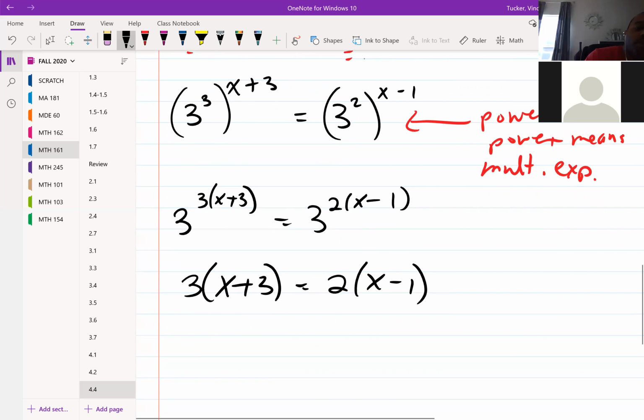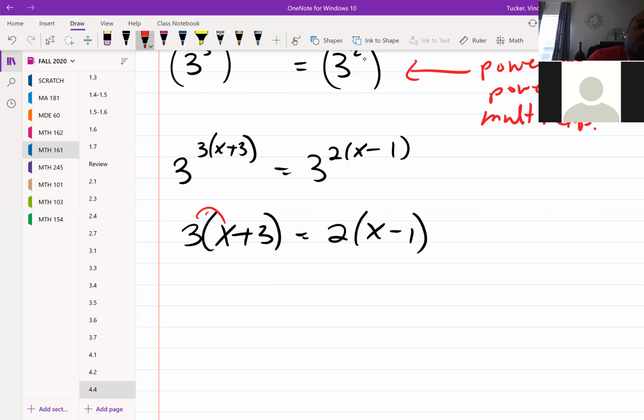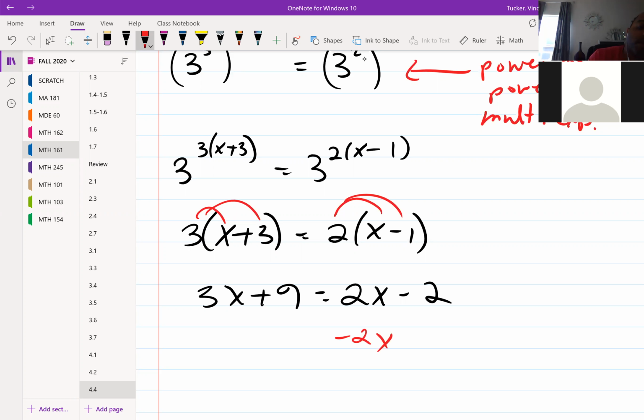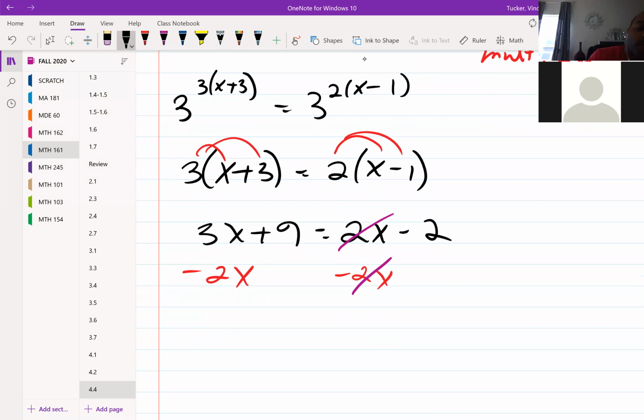All right, so now we can just solve. Distribute the 3, distribute the 2. 3x plus 9, 2x minus 2. Subtract 2x from both sides. X plus 9 is equal to negative 2.